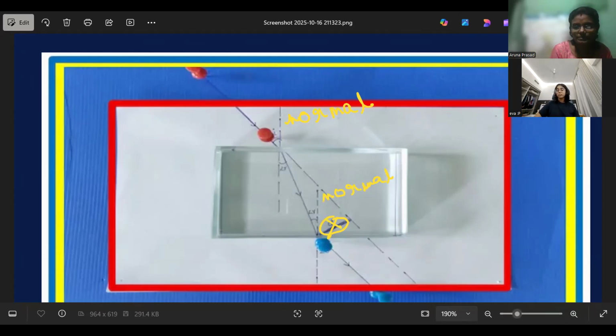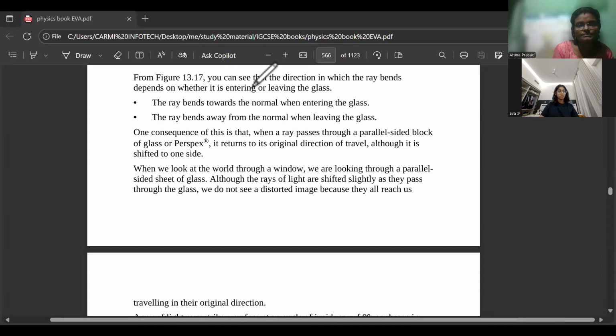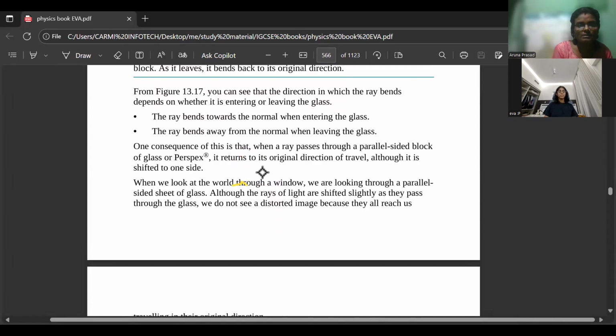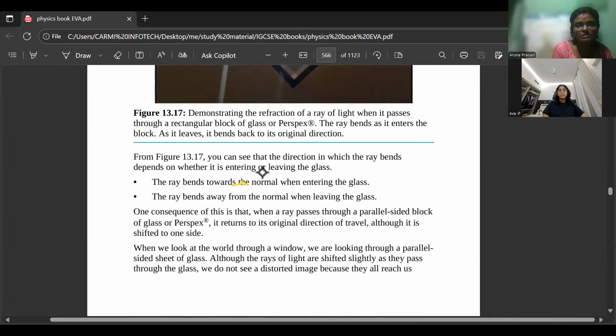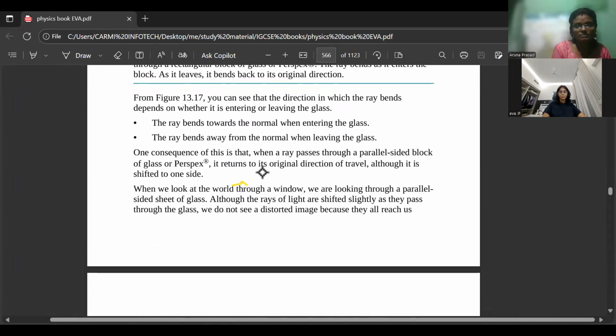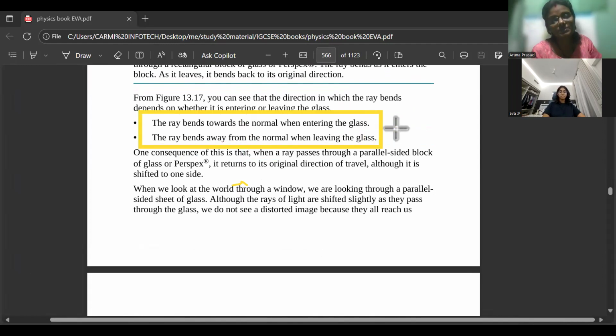Now back to the page from where you have to write the description. These two things are a very important part to remember in this experiment. Write this down.